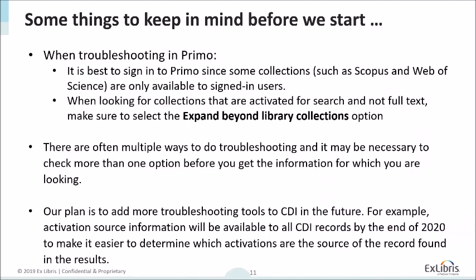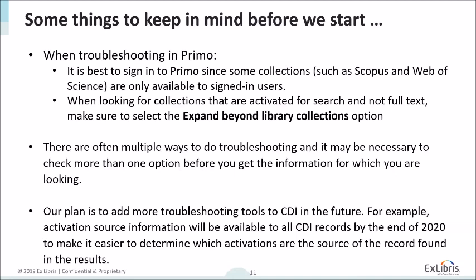So if you're looking for these collections that you've activated and you need to be signed in, this could be a cause why you're not actually finding the records. Also, if you're looking for collections that you've activated for search, there's no full text available in Alma, make sure you use the expand beyond the library collection option. Otherwise, the records from these collections will not show up.